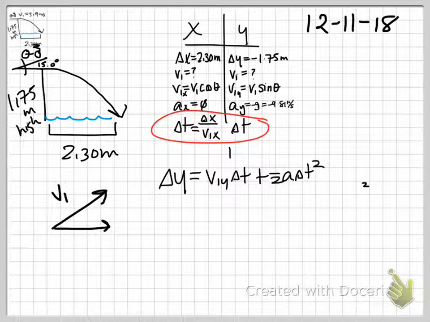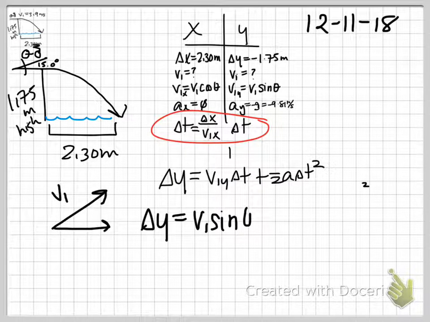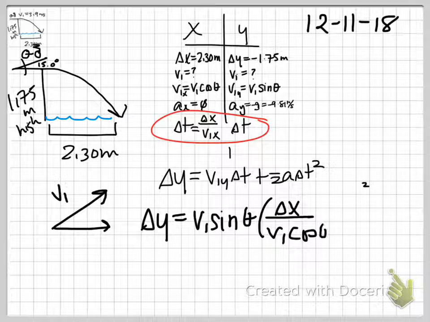So I know that I can do delta y equals VI sine theta times delta x over VI cosine theta.